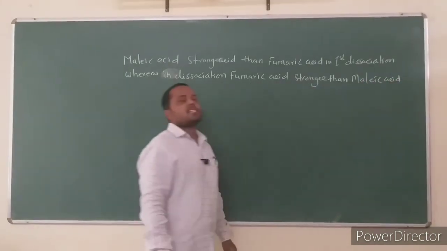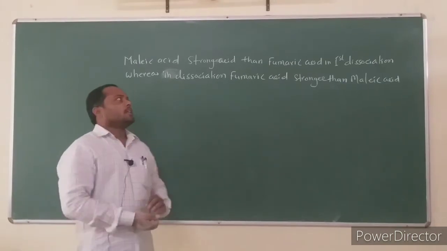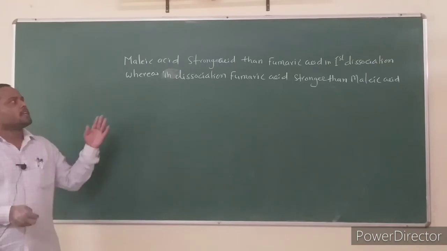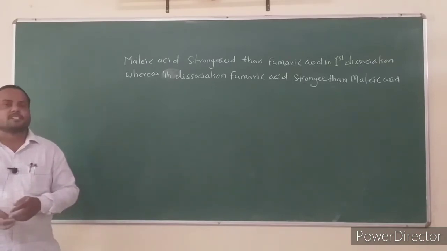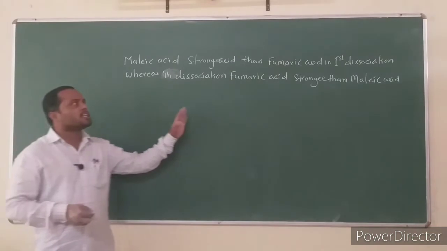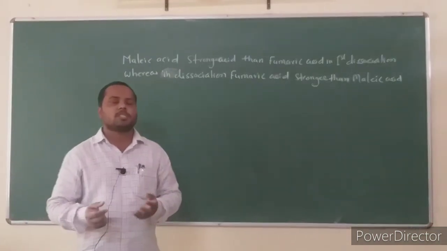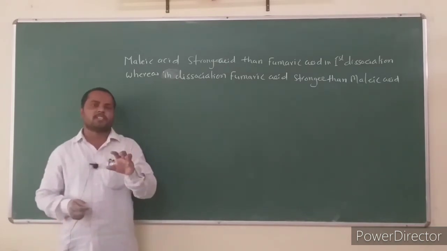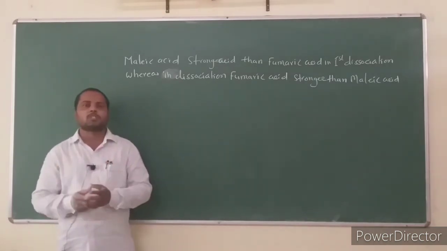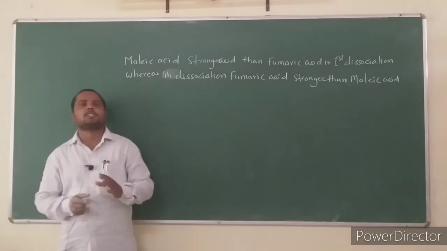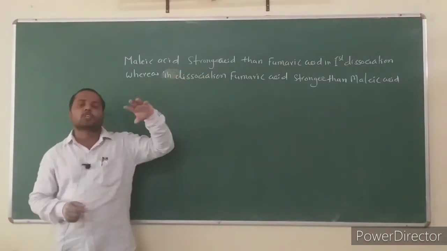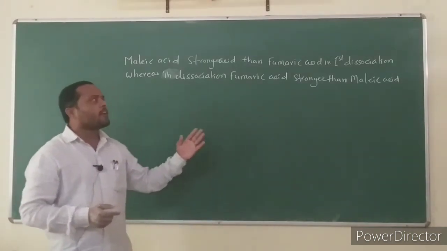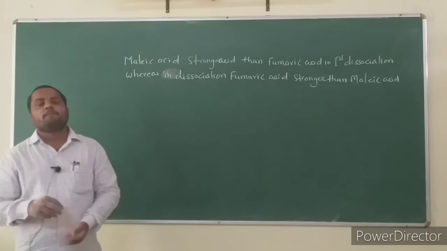Consider these two unsaturated acids: maleic acid is a cis acid and fumaric acid is a trans acid. Maleic acid is stronger than fumaric acid in first dissociation. The dicarboxylic acid has two acid functional groups and undergoes two dissociations. In the first dissociation, maleic acid is stronger than fumaric acid, but in second dissociation, fumaric acid is stronger than maleic acid.